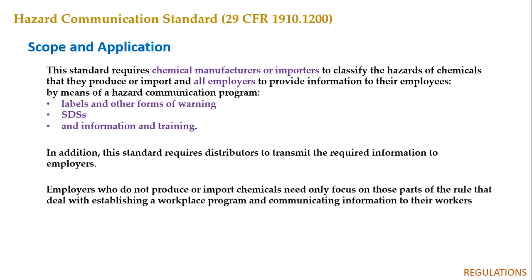In addition, the standard requires distributors to transmit the required information to the employers. The employers who do not produce or import chemicals need only focus on those parts of the rule that deal with establishing a workplace program and communicating information to their workers. So the employers are required to have a hazard communication program in their workplace and proper communication to their workers.